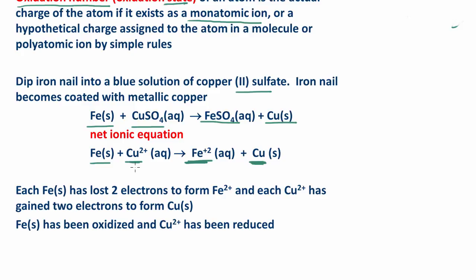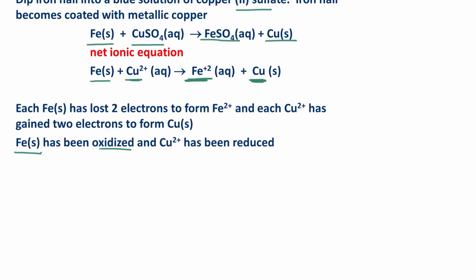So we say that iron has been oxidized and copper has been reduced. Oxidation is the loss of electrons.